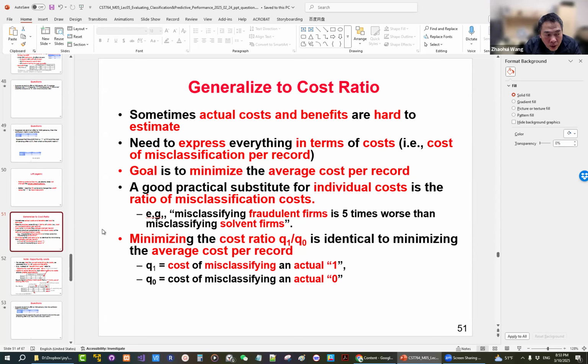The cost is the misclassification cost per record. So the goal is to minimize the average cost per record. We can replace the individual costs with a ratio of the misclassification costs.